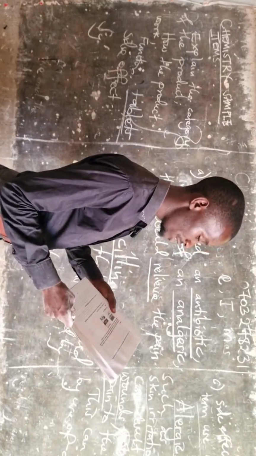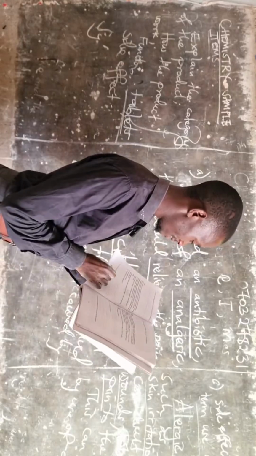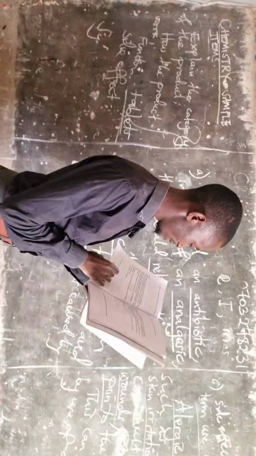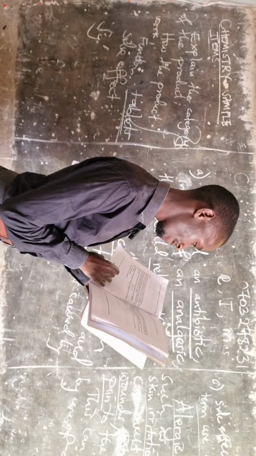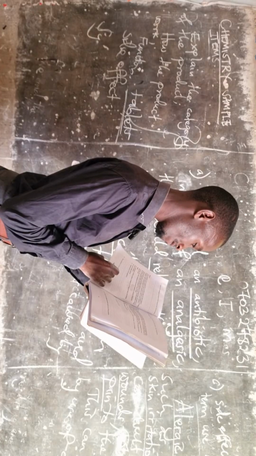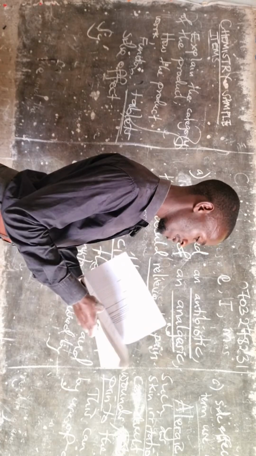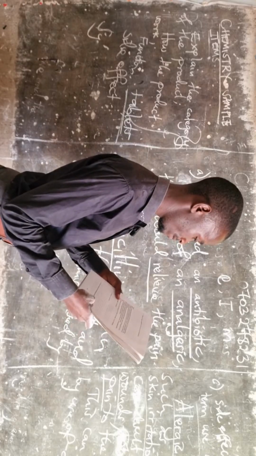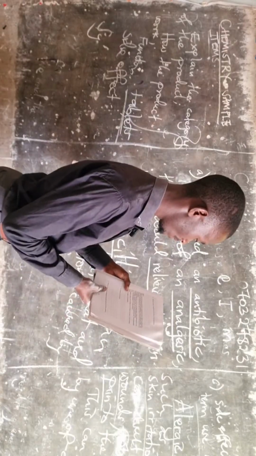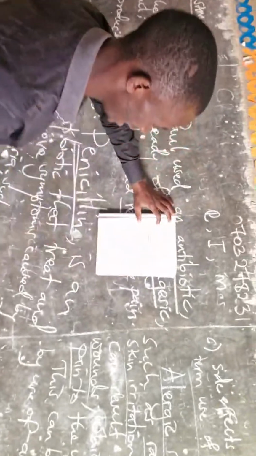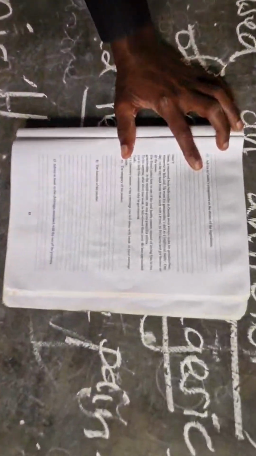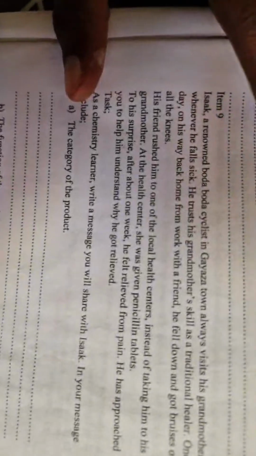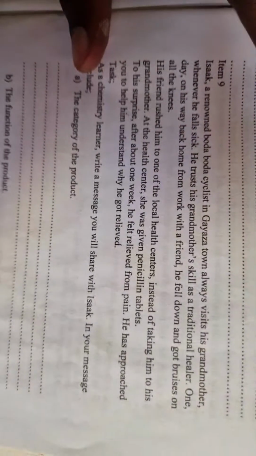There is an item here. Isaac is a renowned boda cyclist in Gayaza town.